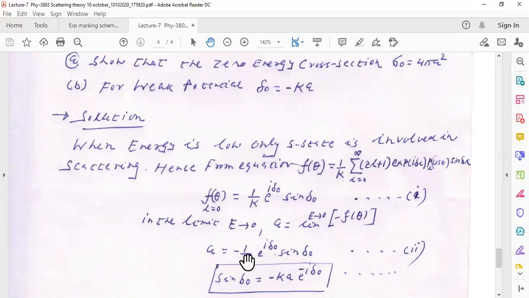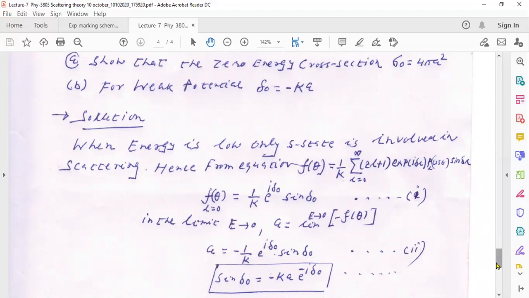I hope you understand this. So sin δ_0 equals minus k a e^(-iδ_0). So you have calculated the phase shift, that is δ_0 for l equal to 0, that is S wave scattering. You have calculated δ_0, right?